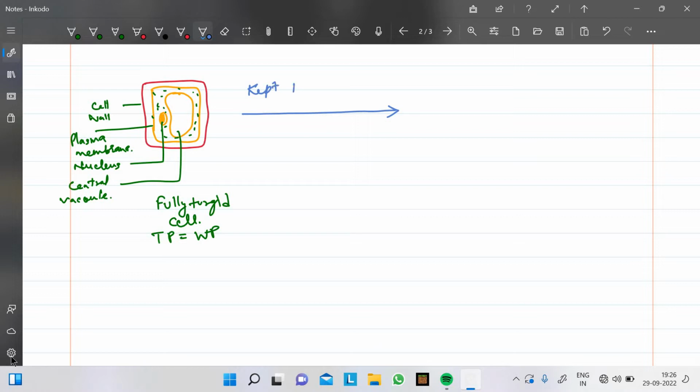Now we keep the cell in hypertonic solution. What will happen? Exosmosis starts.